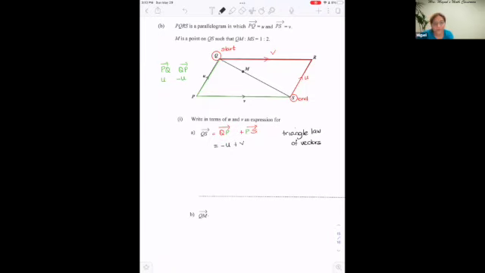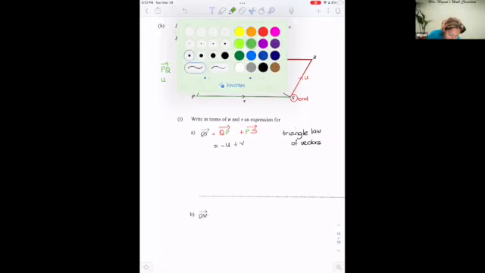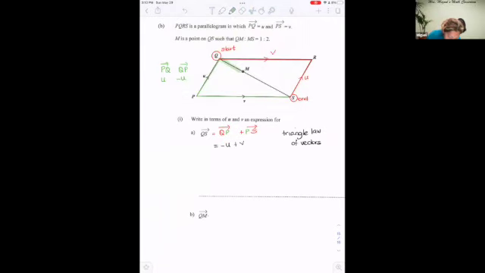Finished, miss. Right. We want to go from Q to M, but the information that we have is QM to MS is 1 to 2. So if I have a line, this is Q, this is M, and this is S, and it is split into 1 to 2, the line is split in how many parts?